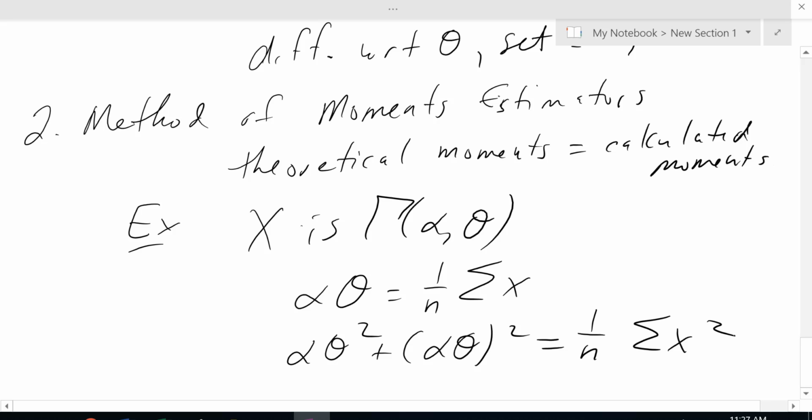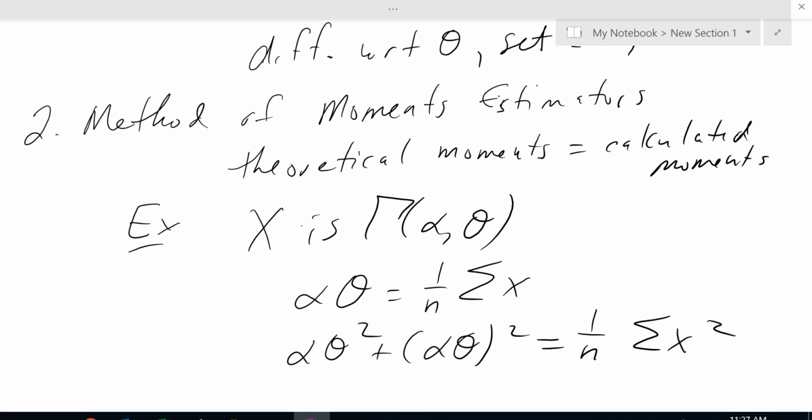In this case, we would do two equations because we have two unknowns. Now, we could simplify things a bit. Say you were told that one of the parameters was known. So if I knew, say, theta, then I wouldn't need the second equation because I can just divide through by the theta that I know and figure out what my estimator for alpha is. So that would give you a method of moments estimator by just ignoring the second equation and only worrying about the first.